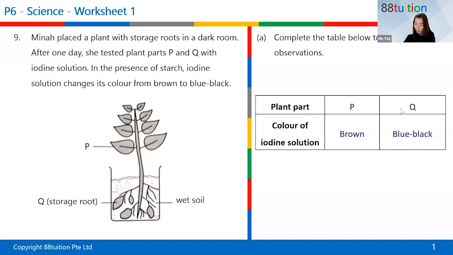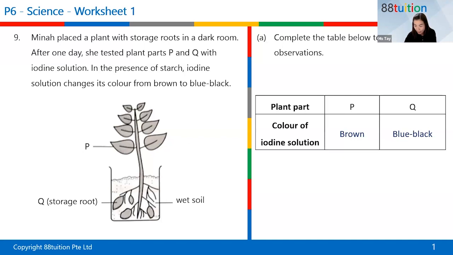Okay, so if we were to fill in the answer, we already went through this. We know that because it is in the dark room, P being the leaf part cannot photosynthesize without light. So therefore, there will be no starch present, and therefore the color of the iodine solution will still be brown. But for Q, because it is a storage root, it doesn't need to wait for the leaf to give it starch in order to be tested positive.